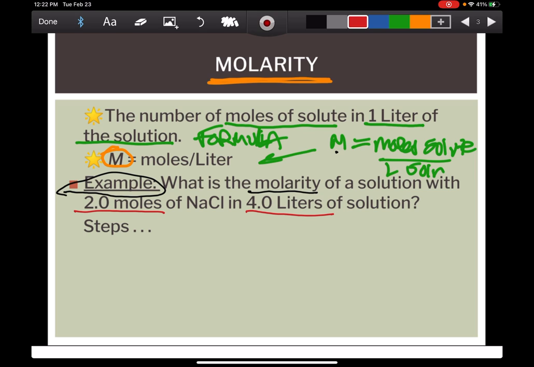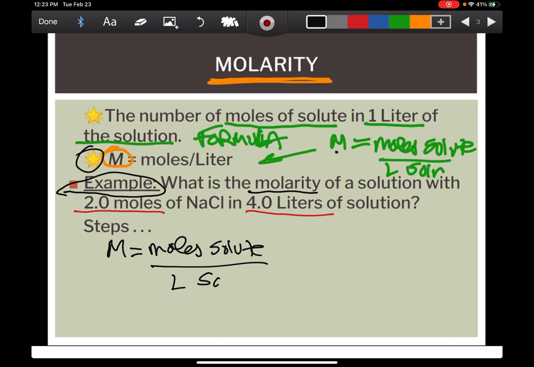Now my first step when I solve these problems is to always write out the equation for molarity. So I'm going to put big M, that's the symbol for molarity, equals moles of solute over liters of solution. Solution is abbreviated SOLN for short.